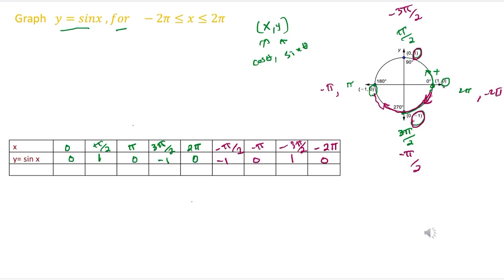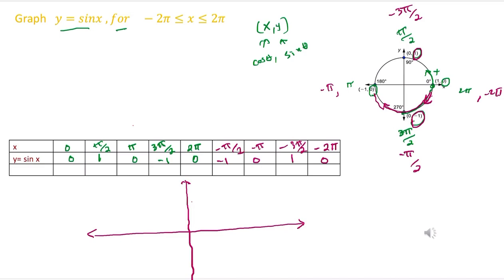I'm going to draw my x axis right here, and I'm going to label it to make our graph look really good. This is my x axis, and I have my y-axis. It depends on what they're asking you. In this case, we are simply asked between negative 2 pi and positive 2 pi.